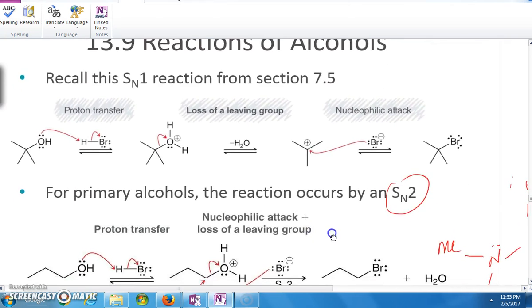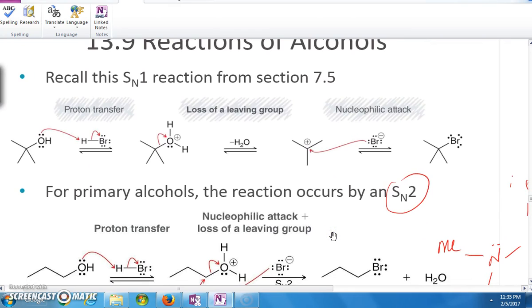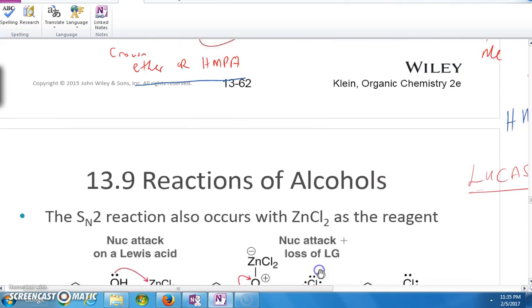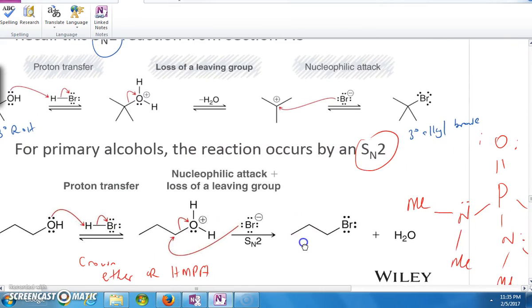Now recall this reaction from section 7.5, we know that we can convert a tertiary alcohol in the presence of acid via an SN1 reaction to give the corresponding tertiary alkyl bromide. For primary alcohols, the reaction occurs by SN2. These are things that you need to be well aware of.